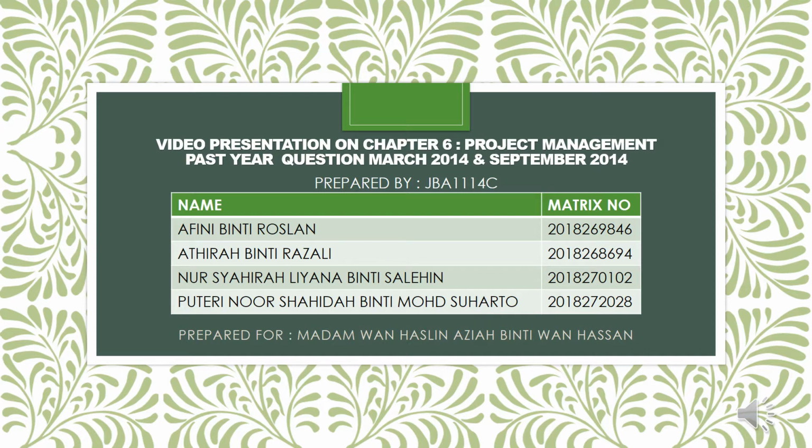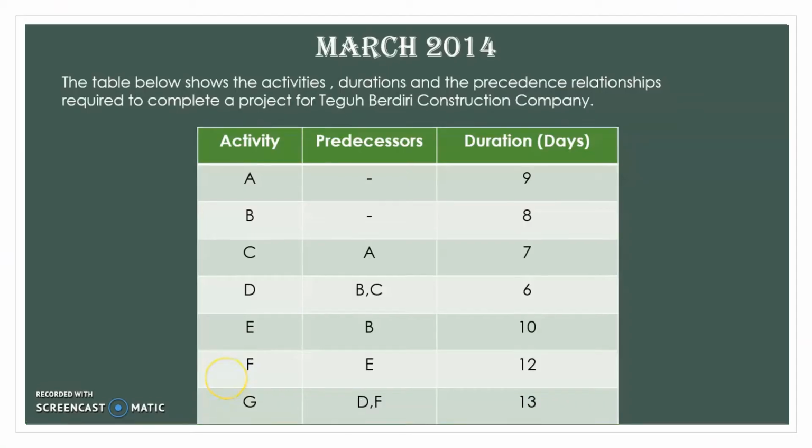So we start the presentation with Shahira's explanation on the question of March 2014. Hello, I am Shahira. Now I'm going to explain the question for past year March 2014. First of all, here is the timetable.